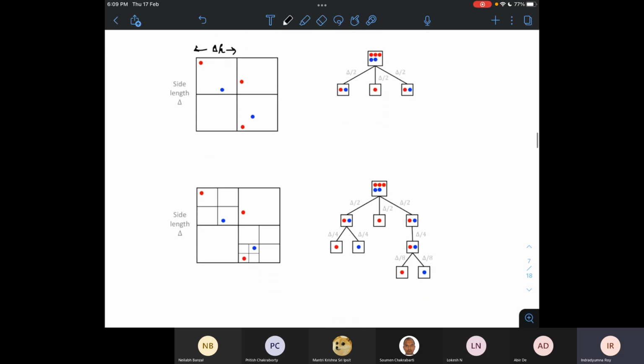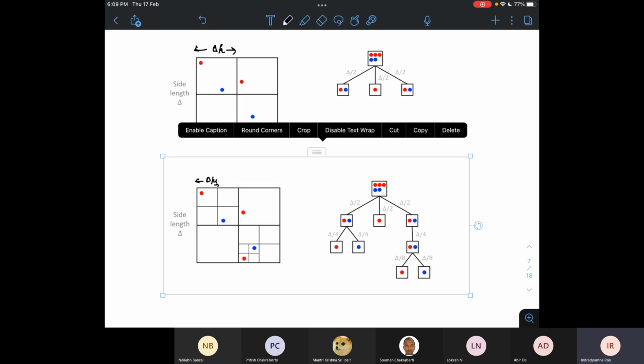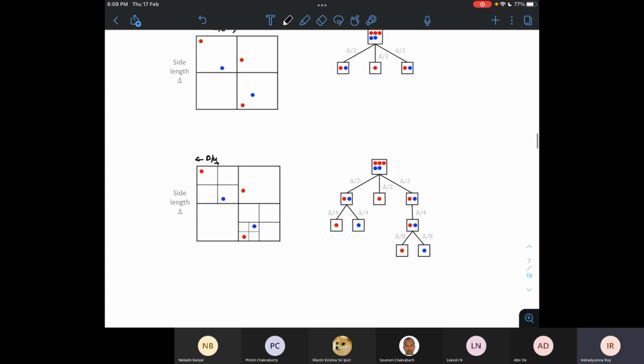Now we can again impose a smaller grid, which is delta by 4. It goes even smaller, and we stop when each of the leaf nodes has a single point in it. So this is how you embed this 2D space into this tree metric. Now, each of these edges in the tree has a weight, which is the side length of the grid that created that level.